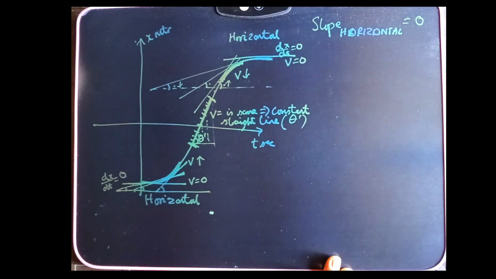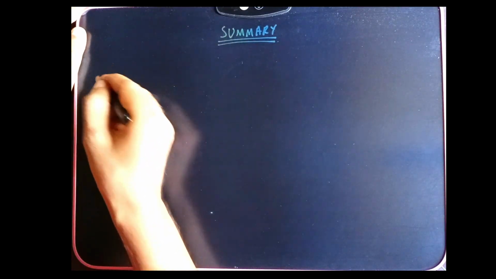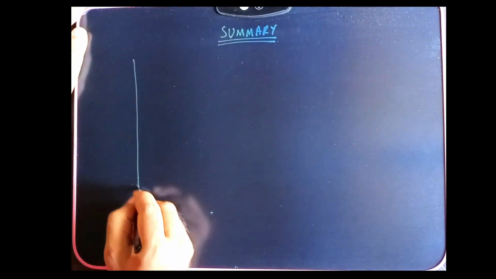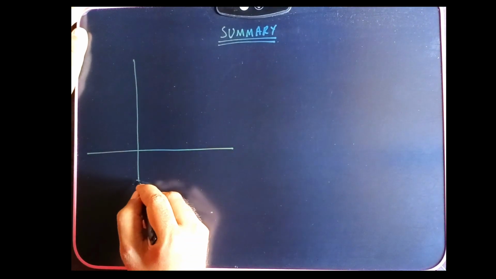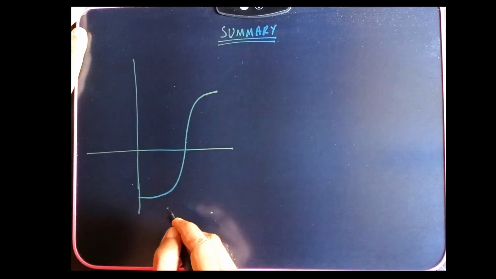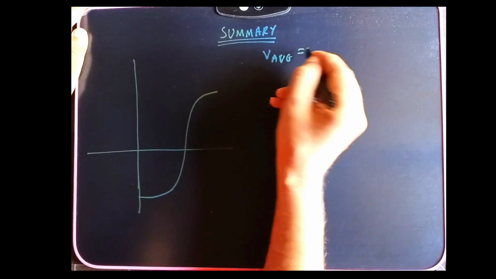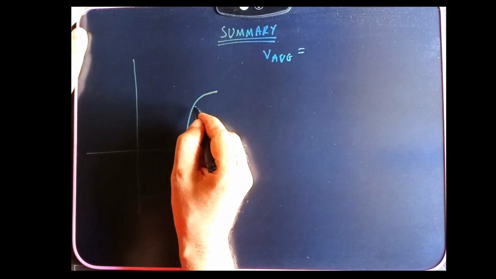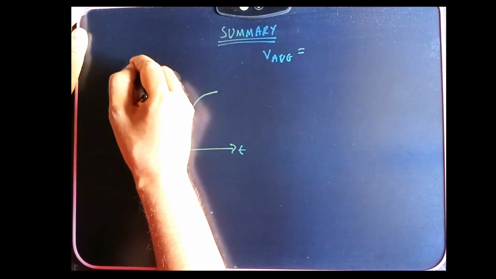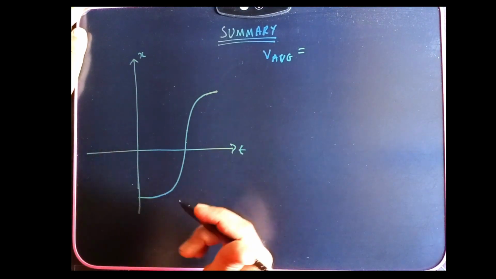So let us summarize quickly. I will summarize on the graph itself. We had a graph like this. Then we know that average velocity can be given as, if I take 2 points on the time and 2 points on the x, I want the average velocity between two instances of time.